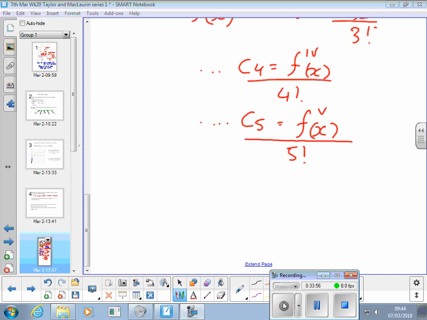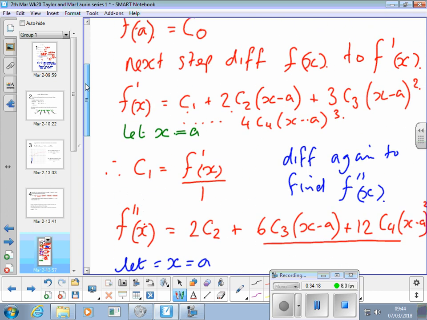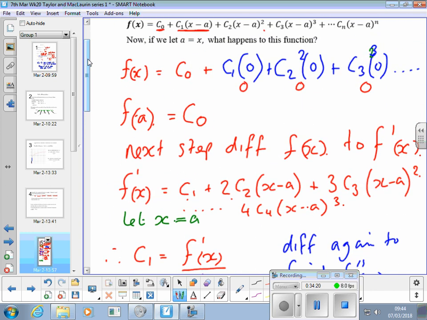So to sum that up, what we can now do is replace the constant terms in the original formula with what we've found. We end up with this. F of x is equal to, C0, sorry, is f of a. We wrote that, I hope. Yeah.